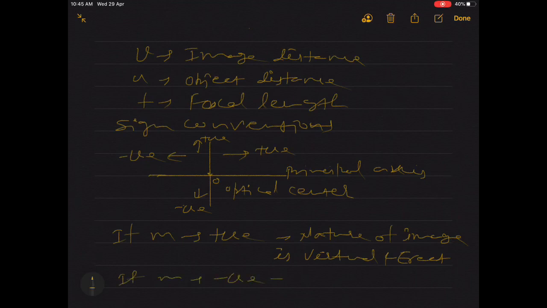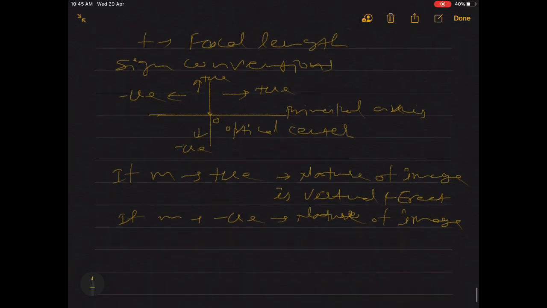If m comes negative, then the nature of the image is real and inverted.